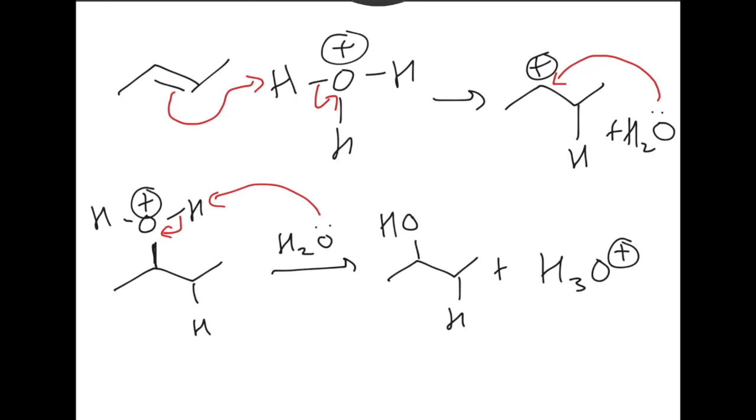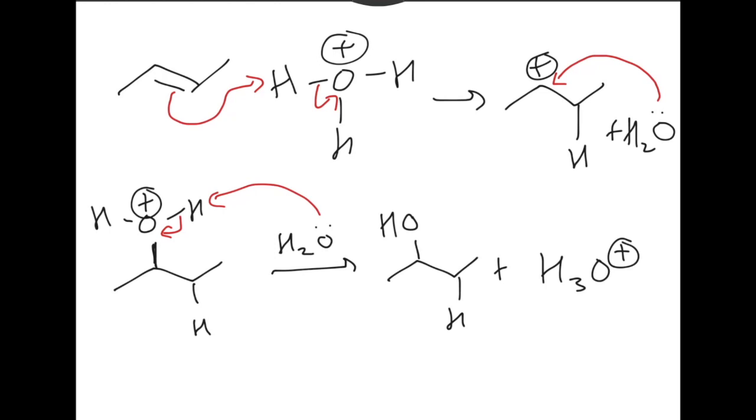Eventually, when you run out of alkene to react with, you'll just have H3O plus, and if you could remove all the water from the reaction, you get your sulfuric acid back. Practically, it's just H3O plus and sulfate, but if you get rid of all the water, your sulfuric acid will come back.